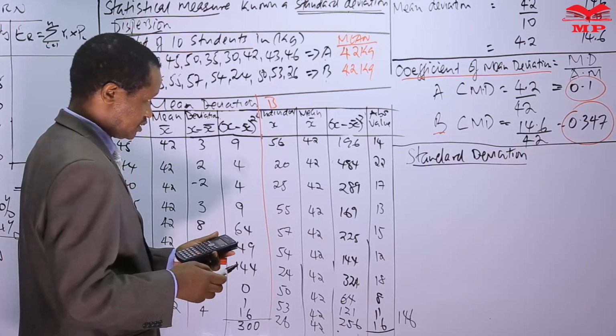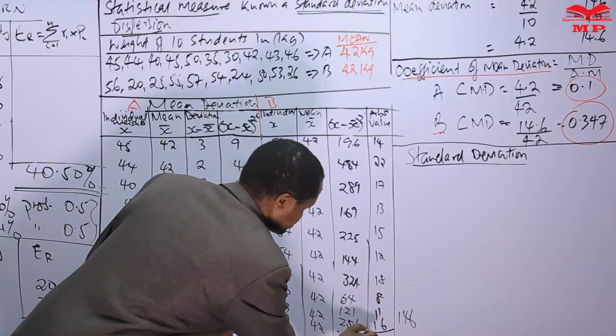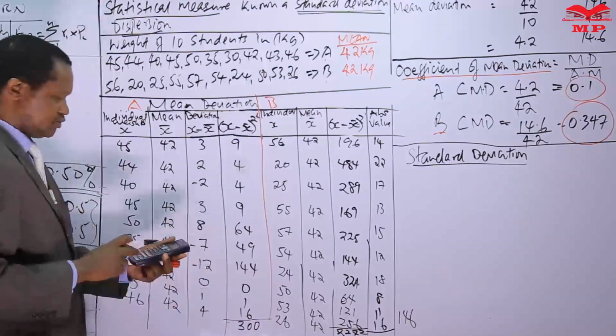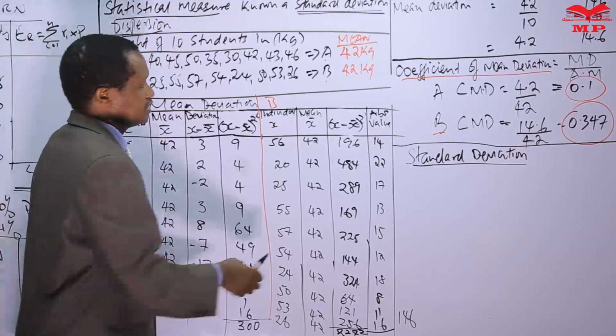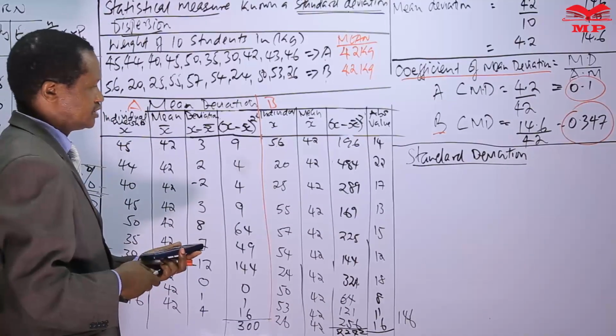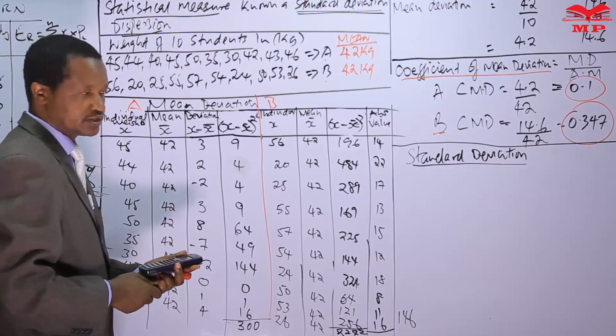Total here is 2272. 2272 is the sum of the squared deviations.